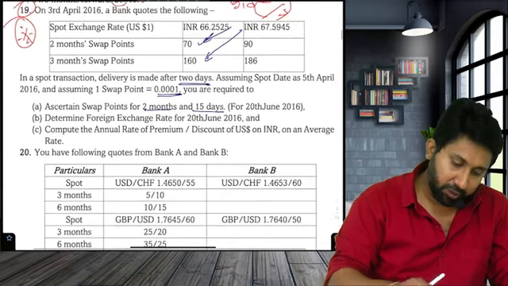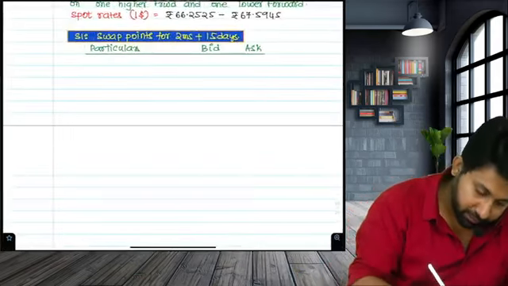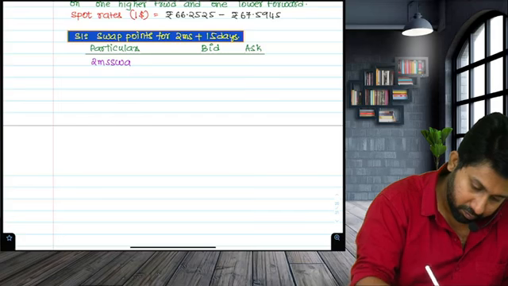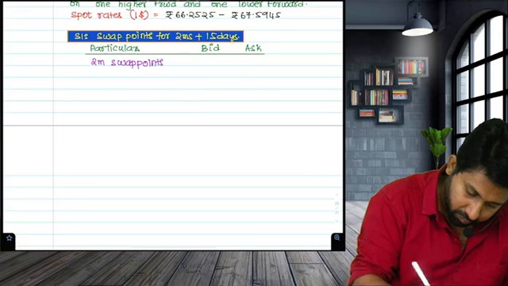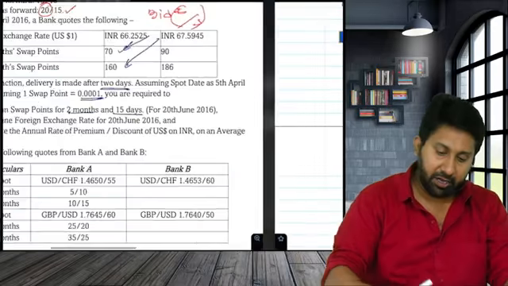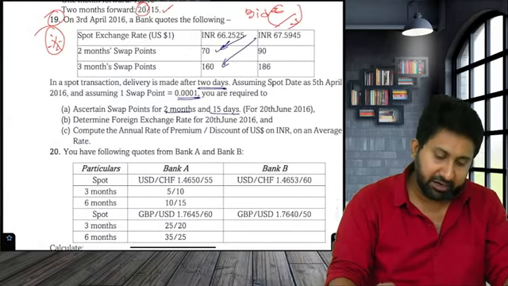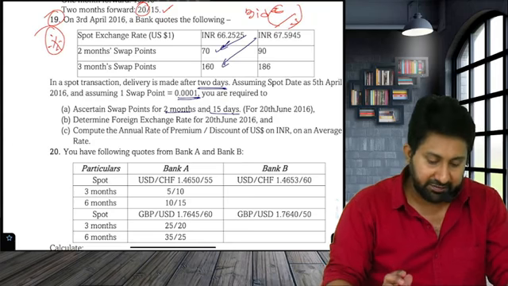First let us see what is the 2 months swap points: 70 and 90. Write down. 2 months swap points are 70 and 90.